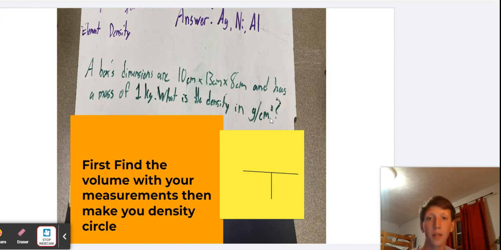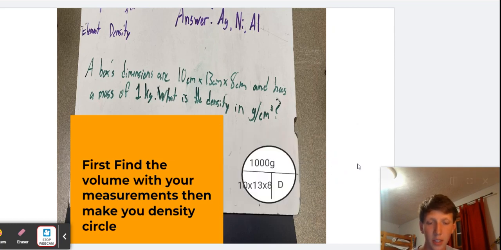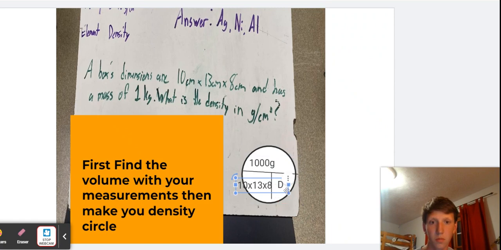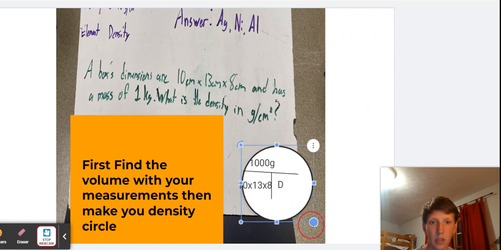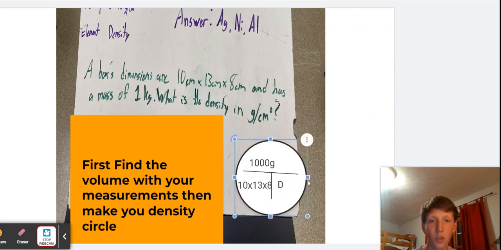Let's start by making our density circle. Here's our density circle for this problem. We have 1,000 grams on top because 1 kilogram equals 1,000 grams. Then we're going to have our volume, which is going to be in the units of centimeters cubed.